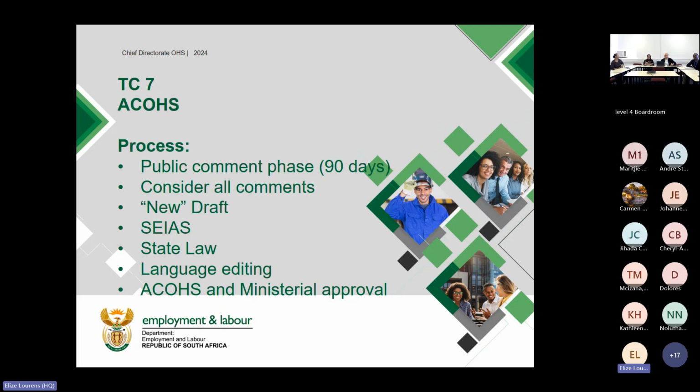From that, a new draft will be developed, and then that draft will undergo the socio-economic impact assessment, where we will justify the regulations as a whole and see that we are not placing an overburden on industry when we promulgate. We will get the state law advisor's opinion on the regulations, which they check for us, to see whether we are in contradiction with any other legislation, especially the Constitution.